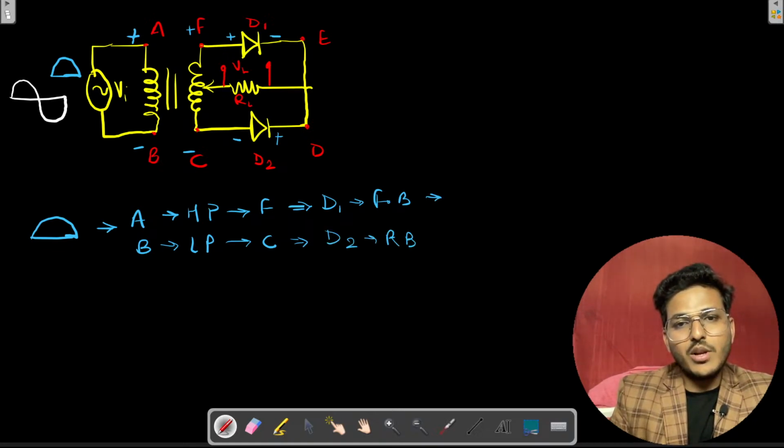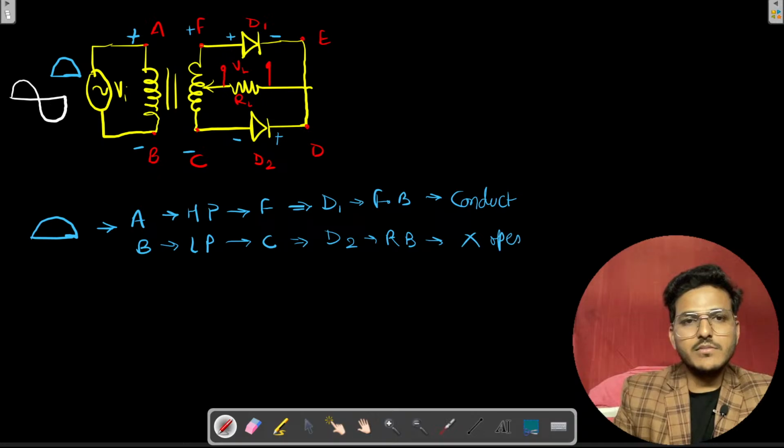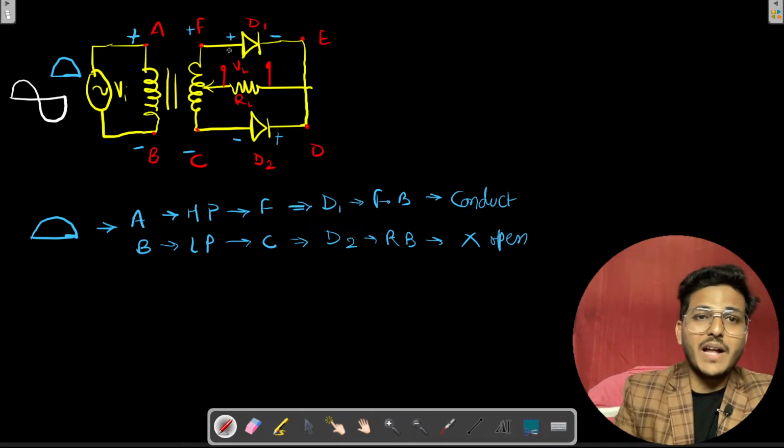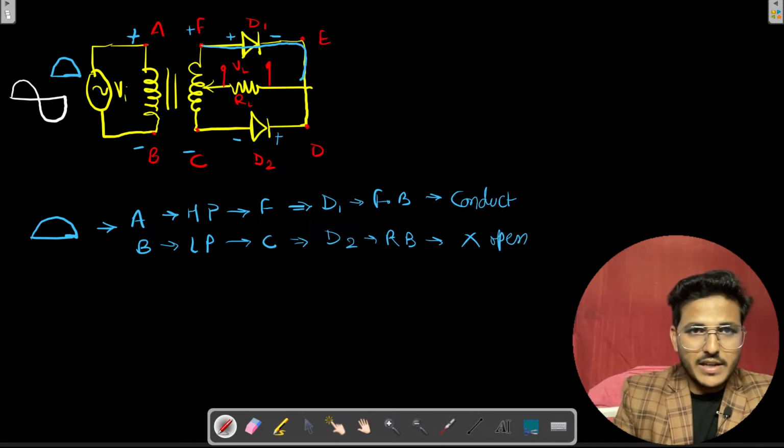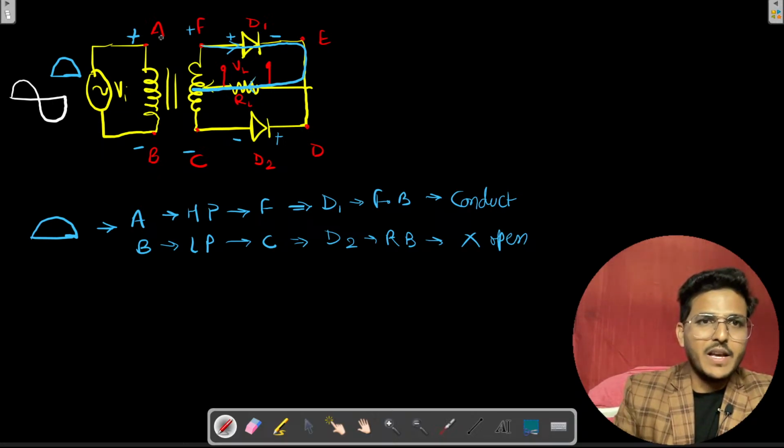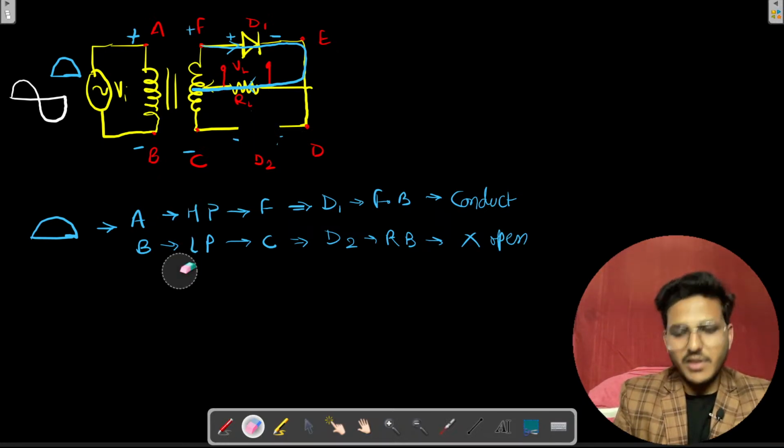So only this one conducts, and this one is open. And what is the path? Current flows from here to the centre tap of the transformer, circuit completed. And this one behaves like an open circuit.